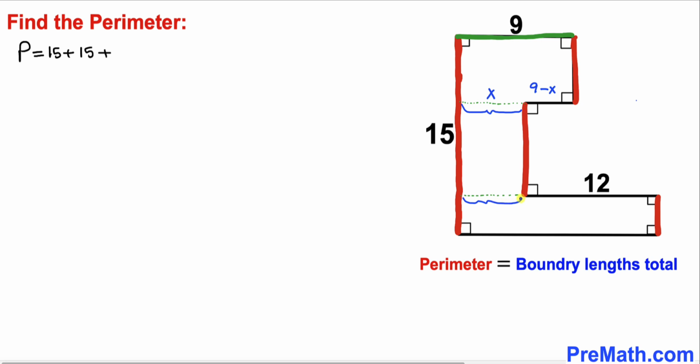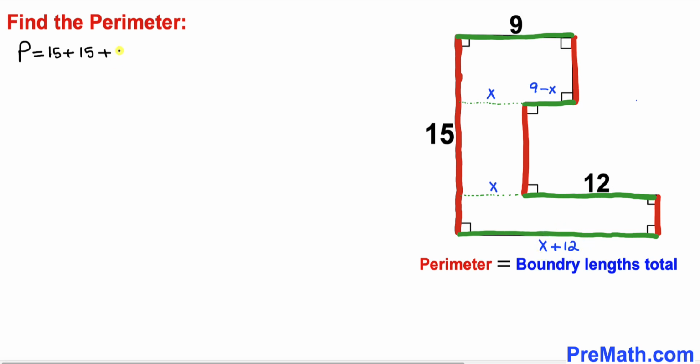then this length is going to be x units as well, and this whole length has got to be simply the sum of x and 12. So that means this is going to become x plus 12 units. So therefore these highlighted horizontal lengths are going to be 9, and this 9 minus x, and this 12, and this x plus 12.